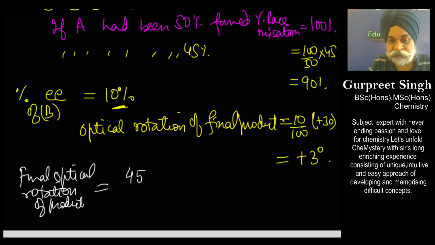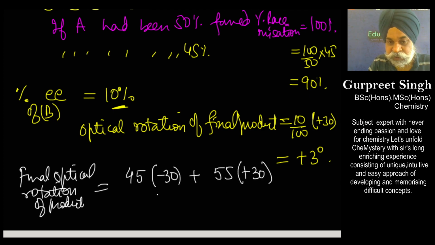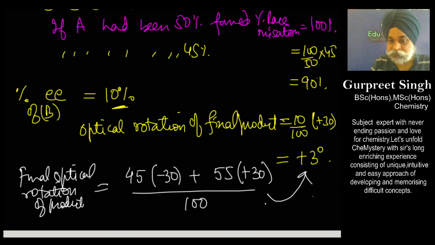So 45 times minus 30 plus 55%, which is going to do the plus 30, divided by 100. This value also would give you the 3. This is another way to do the same thing.